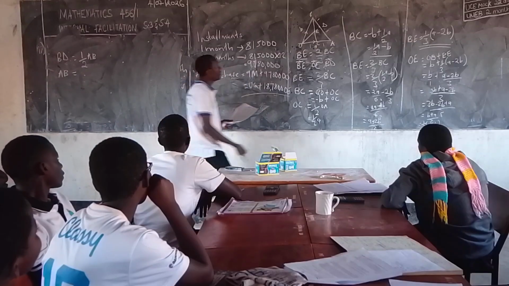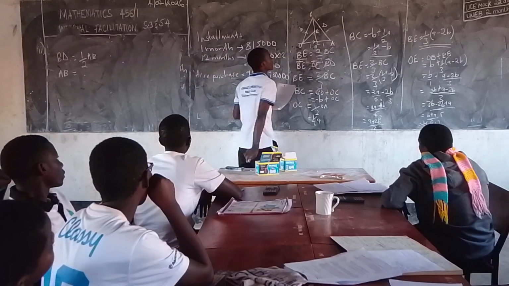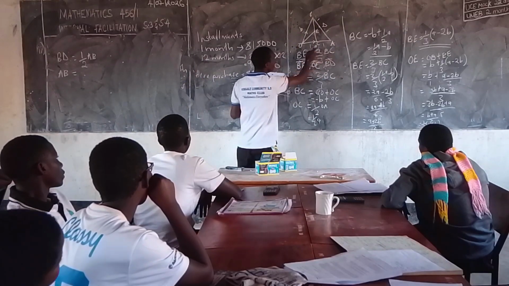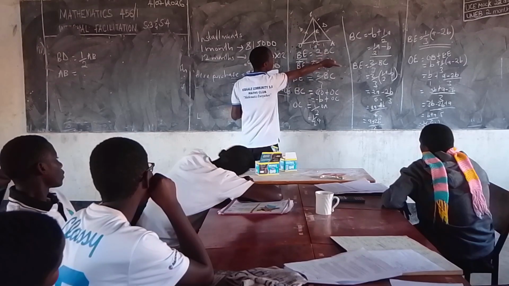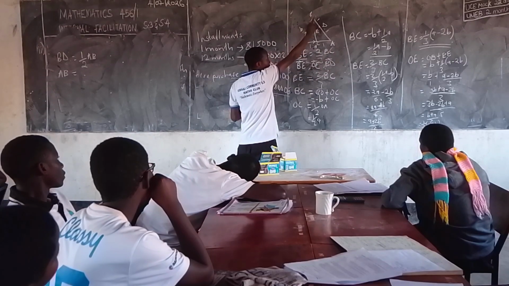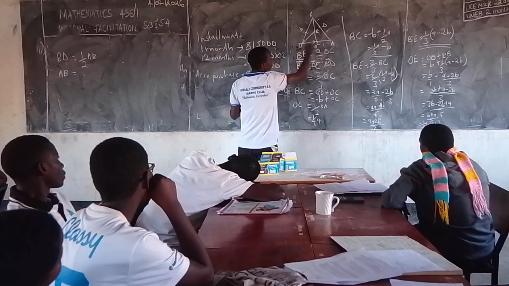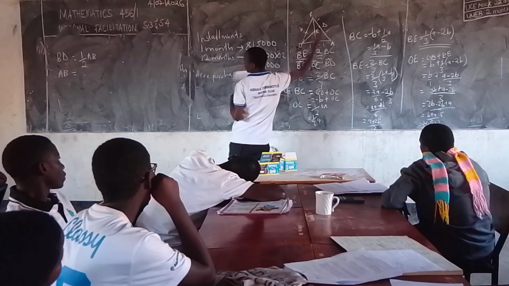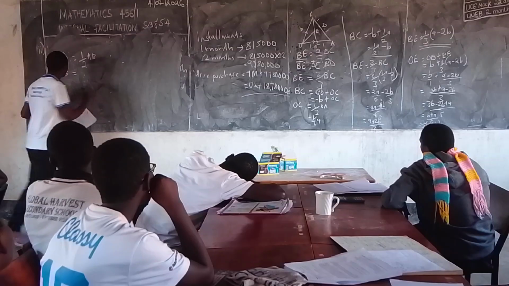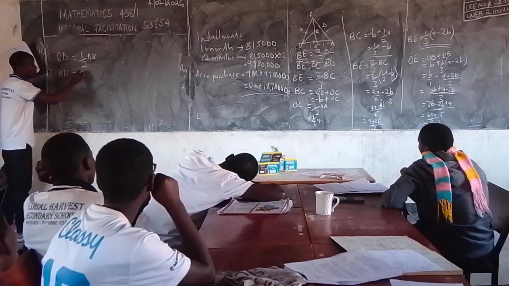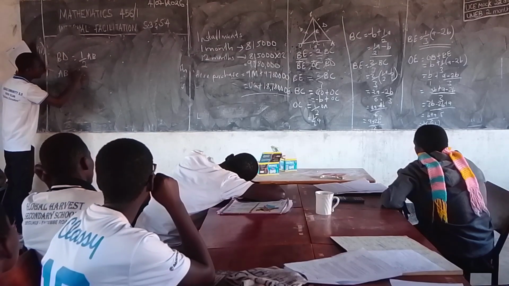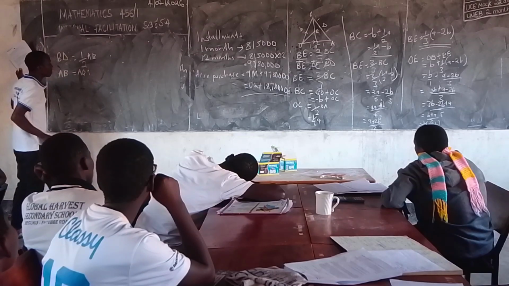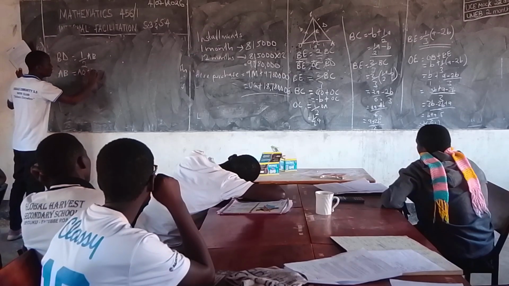So line AB will be what? We are moving from A to B. For simplicity, we can move directly from A to O, then we reach our B. Therefore, AB is AO plus OB.